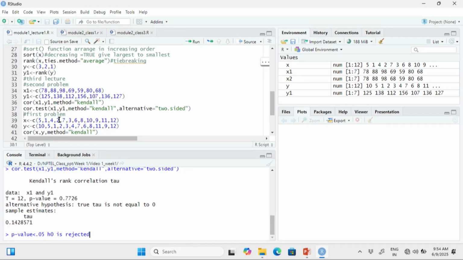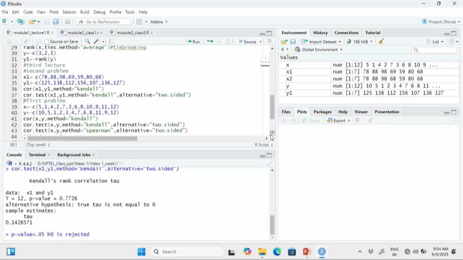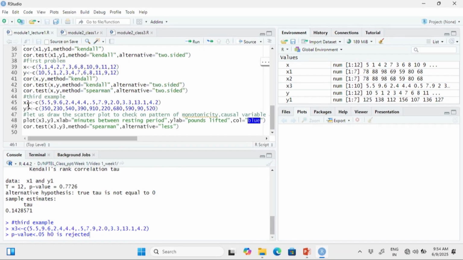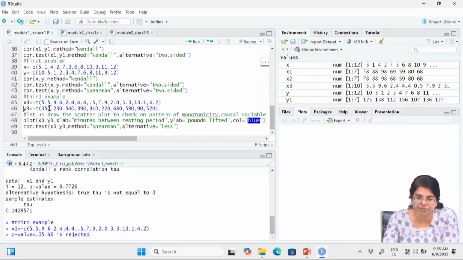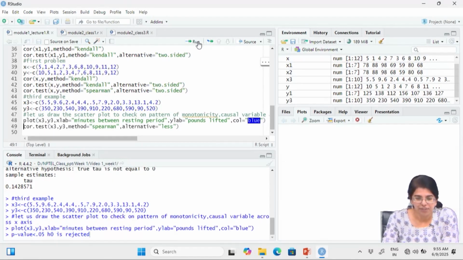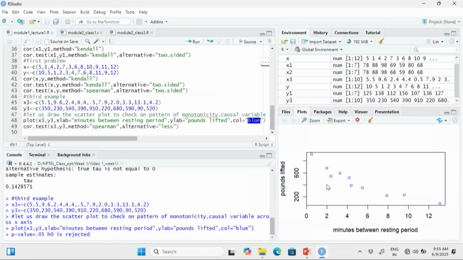Now, let us do the third problem. Just to incite your interest, let me do one quick trick. These are the two variables x3 and y3 corresponding to the third problem, and by graphical interpretation also one can have some idea whether they are really sharing any association. So, let me run this. Can you see this plot here?